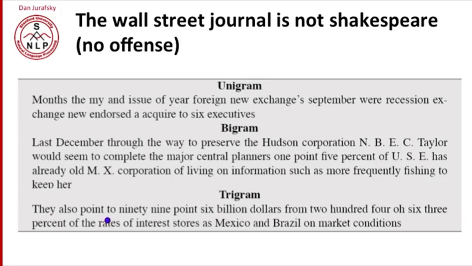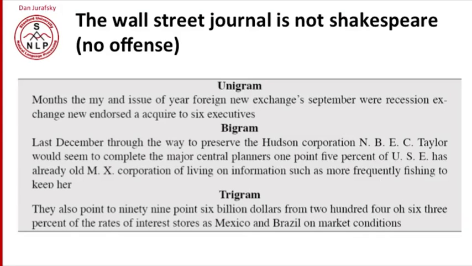They also point to $99.6 billion from 204.06, 3% of the rates of interest stores as Mexico and Brazil and market conditions. Well, that sounds like the Wall Street Journal. But here are two corpora of English, both reasonable size corpora, at least a million words, with no overlap at all in the Shakespeare sentences and the Wall Street Journal sentences.